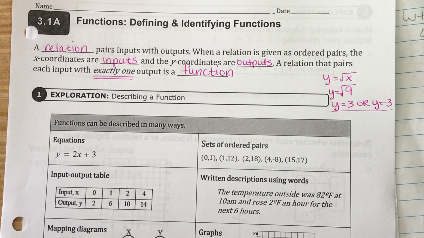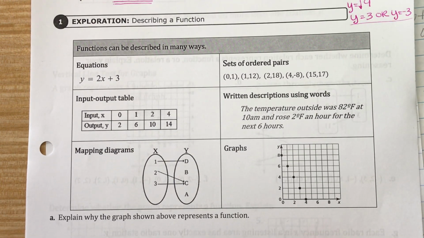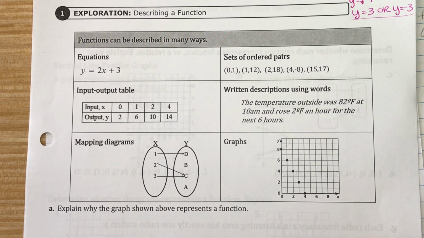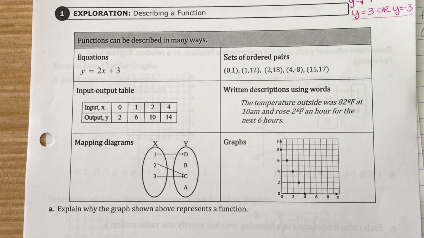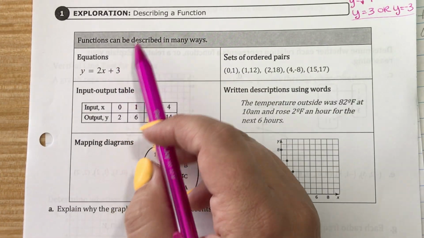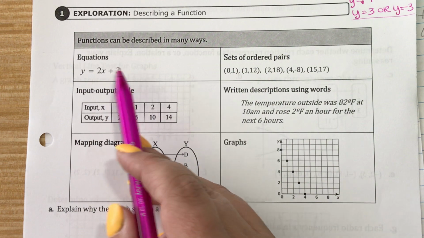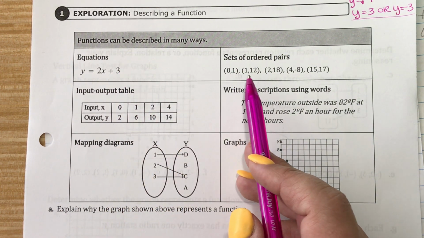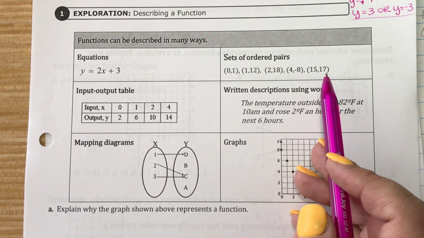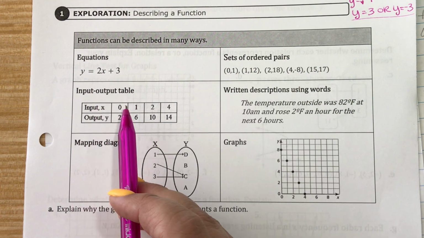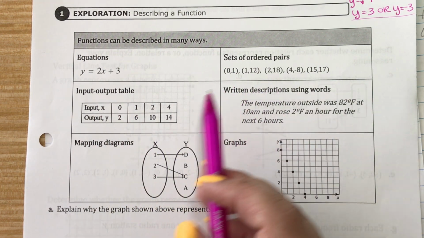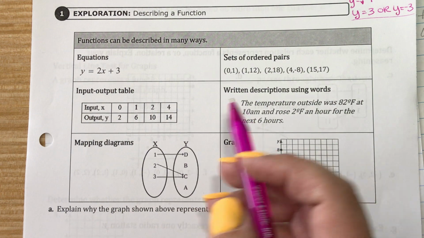Okay, so we are going to describe these functions in lots of different ways. We're going to explore several of these. When we're talking about functions and determining if something's a function, we can do that from an equation. We could do it from a set of ordered pairs that we've been given, data points. An input-output table, which is very similar to this, just a different type of organization.